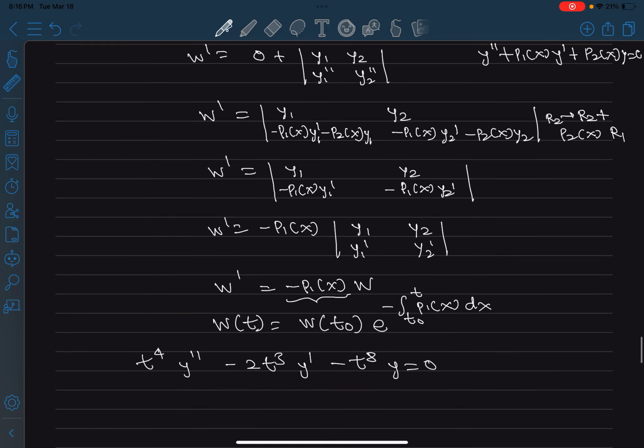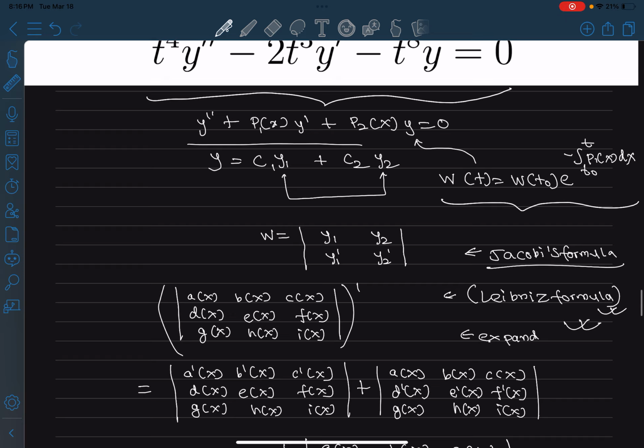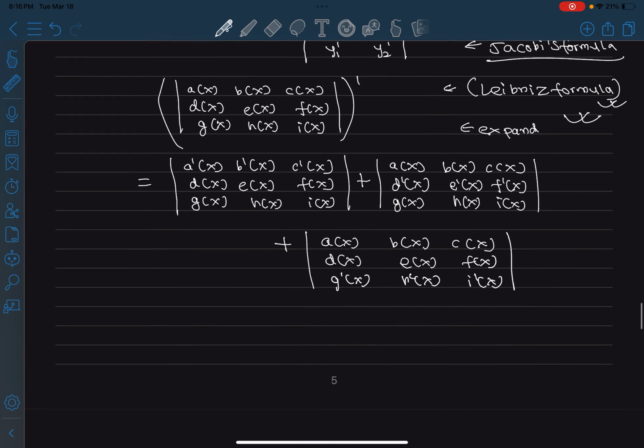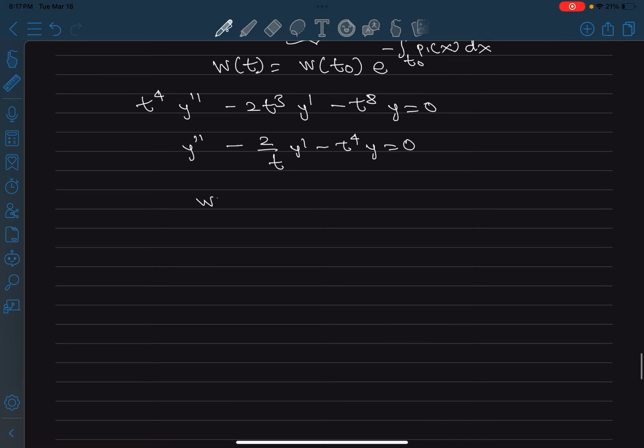First of all, we have to take it to this form over here, so that there's no function in front of y double prime. If we do that, we get y double prime minus 2 by t y prime minus t to the power 4 y is equal to 0. Now we know that the Wronskian will just be some constant, for any number t naught you pick, times e to the power negative of integral from t naught to t of our p of x.